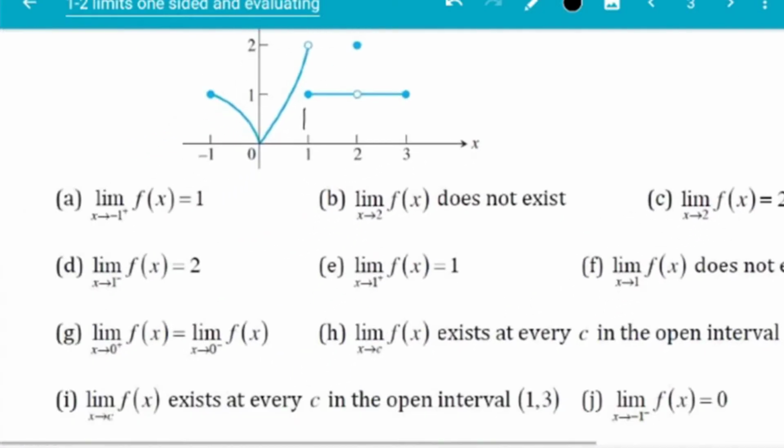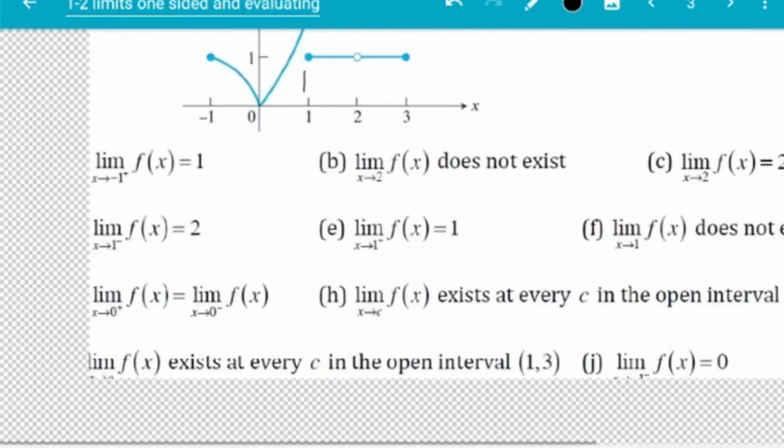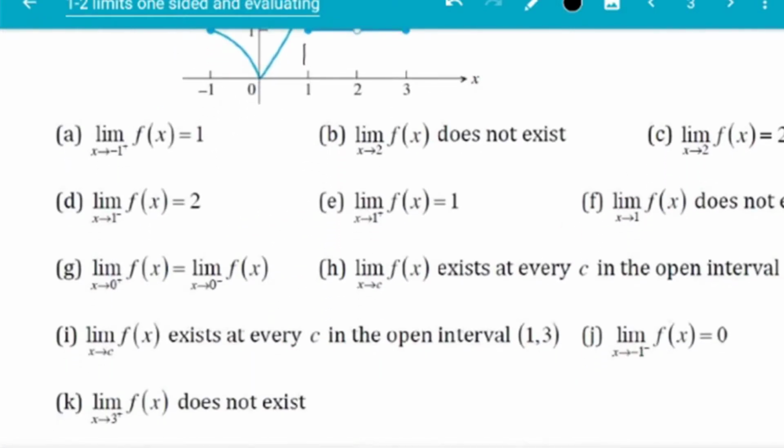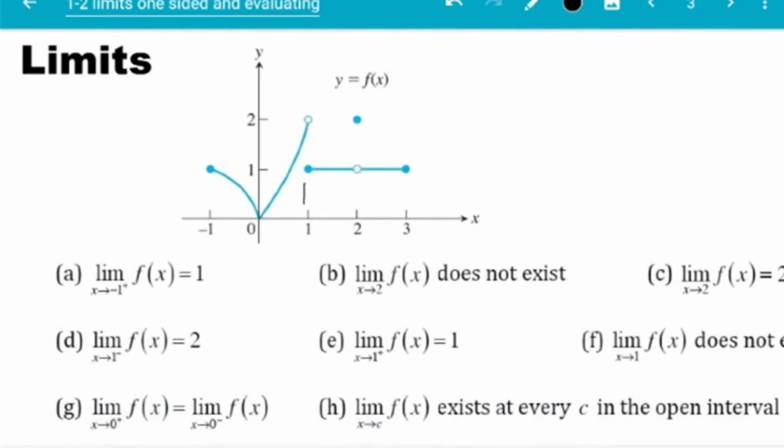F is true. G is true. H is true. I is false. J is false. And K is true. Oh, sorry. Yeah, B is true. Did I say false? My bad.